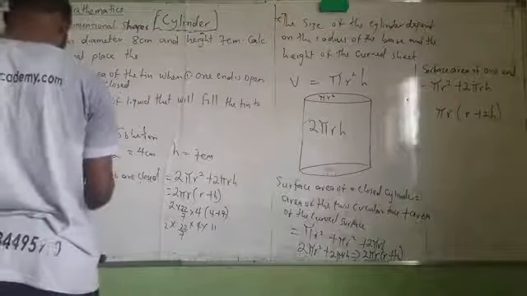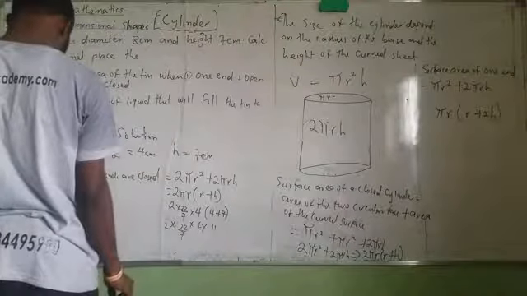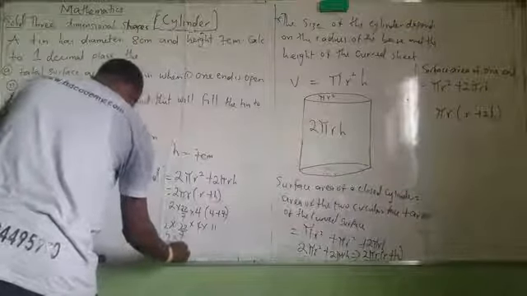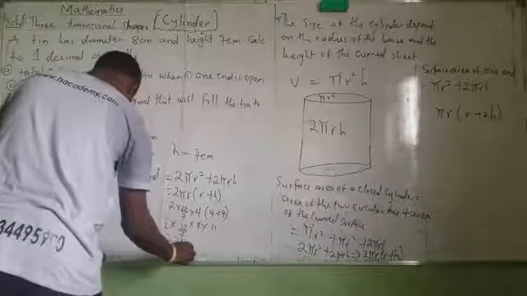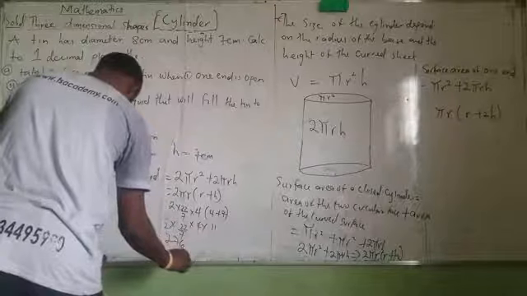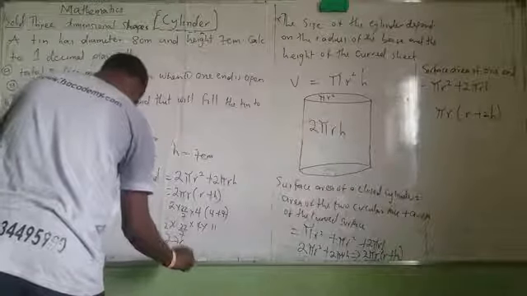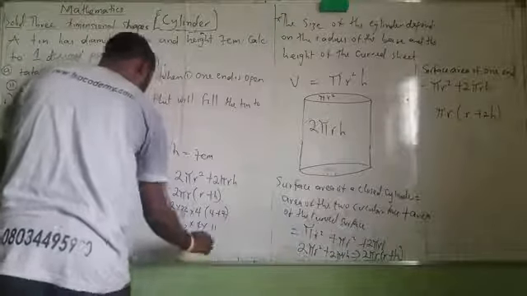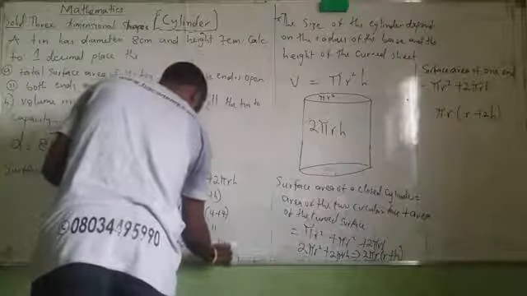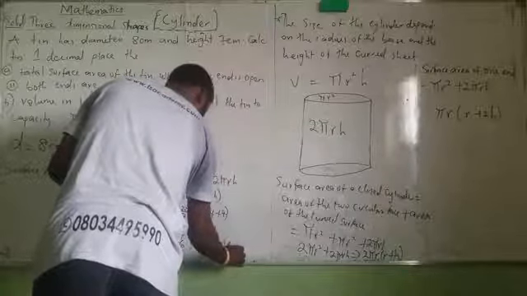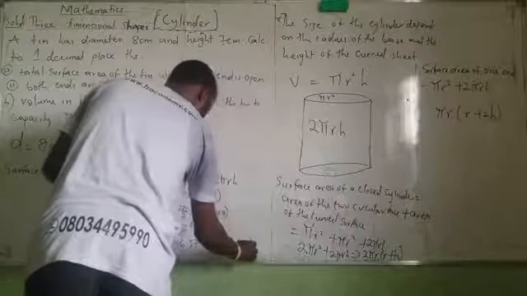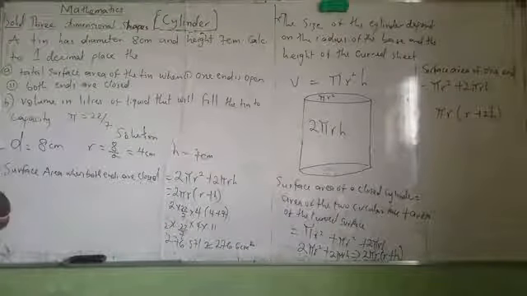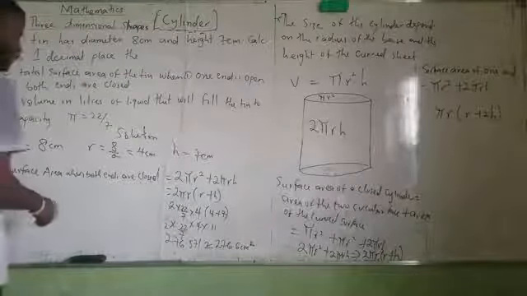It will give us 276.571, which is approximately 276.6 centimeter squared. That is what we just need to do. That is number A2.